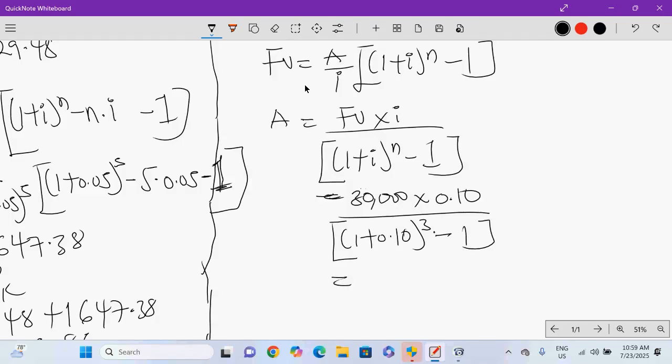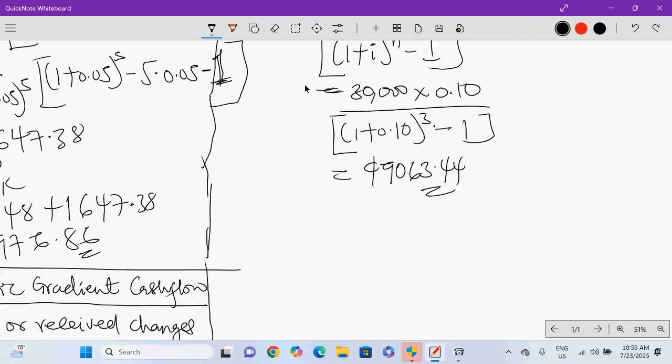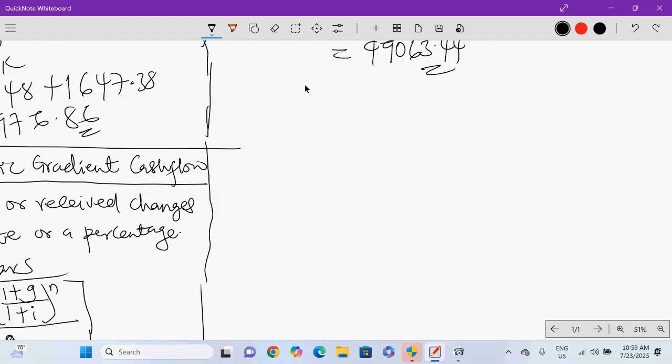So, according to my calculator, I have 906.44. Now, how do you show this?